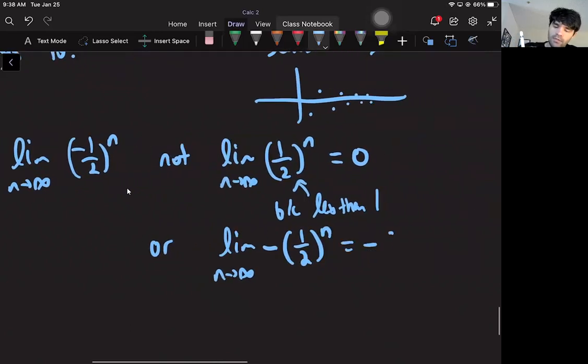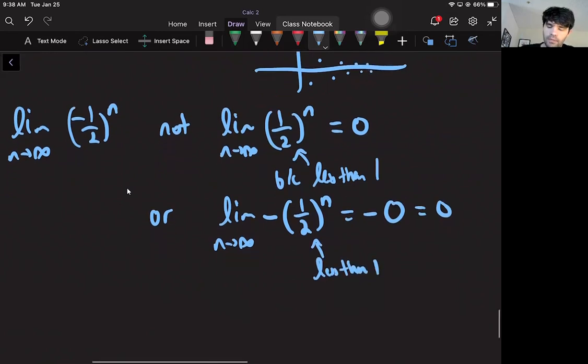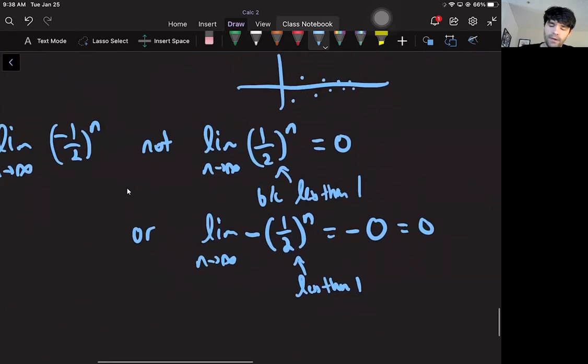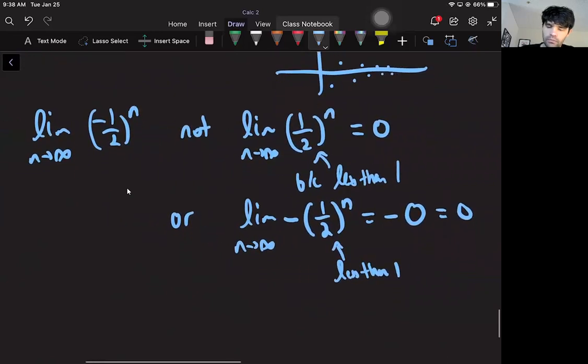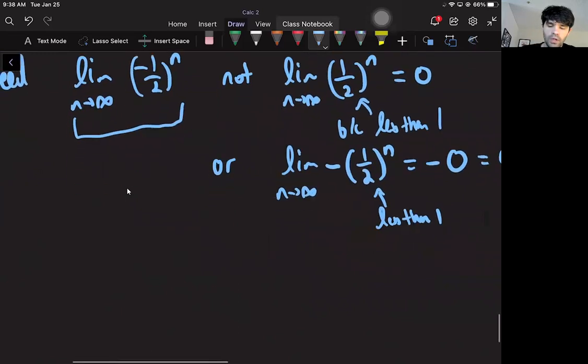It's going to be -0, which is still just 0, because this guy is less than 1. So as n gets very big, that limit becomes 0. And now I just have an extra negative on the outside, which doesn't matter because it's just -0. And these two are actually related to this one. So it's going to work out nice.